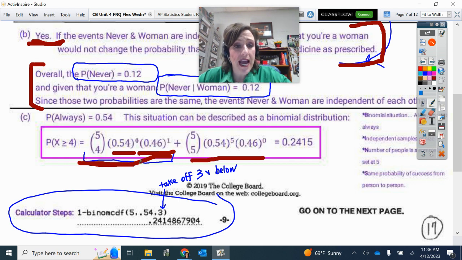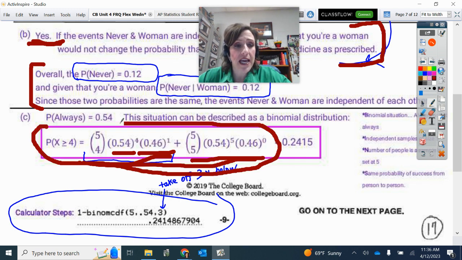If you wrote this formula out, but then you did not get the correct number value, you got partial, okay? Because you had to indicate that this was a binomial distribution. By doing this work here, you satisfied 2 criteria, indicating it was a binomial distribution with an n of 5 and a p of 0.54.